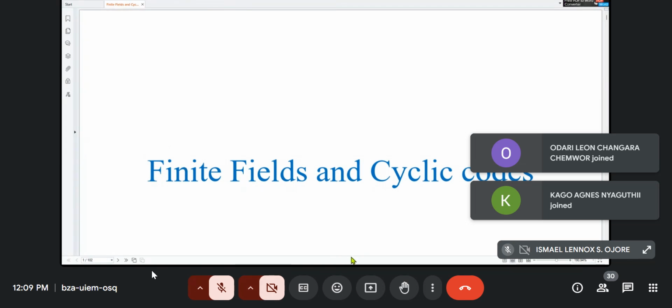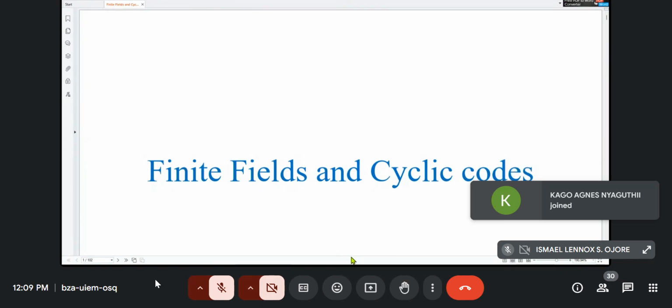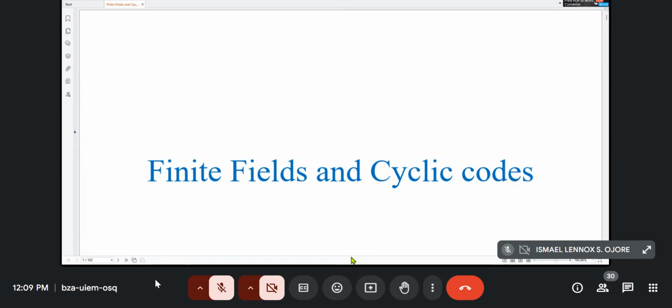Today we are going to start looking at a new area. Actually, we are trying to get to how generator polynomials are constructed, and we specifically look at a particular case of codes, which are called the BCH codes.